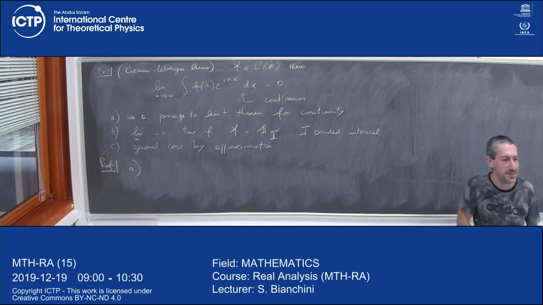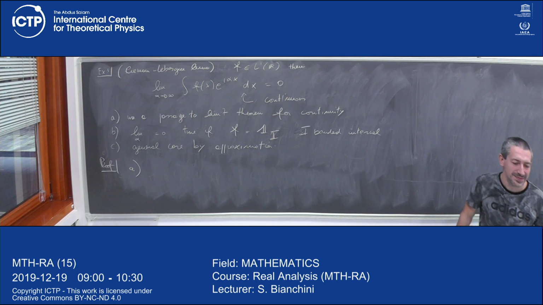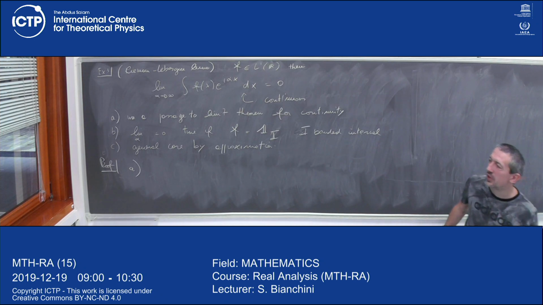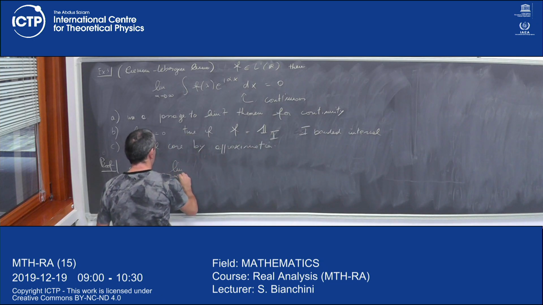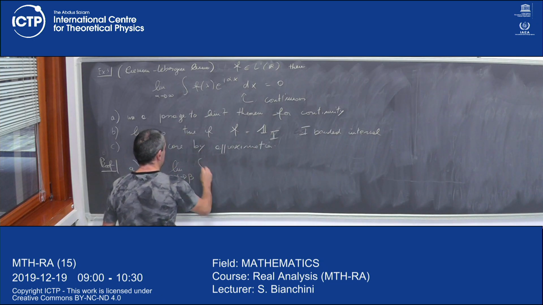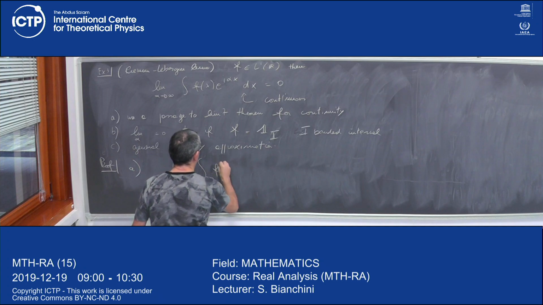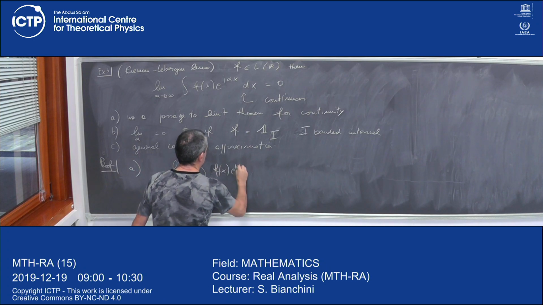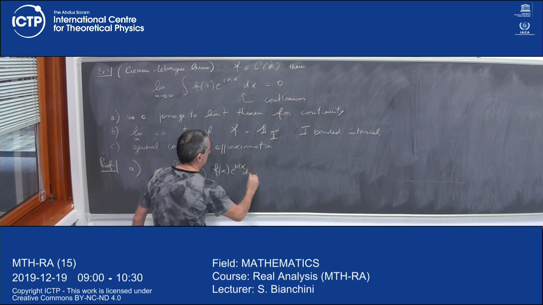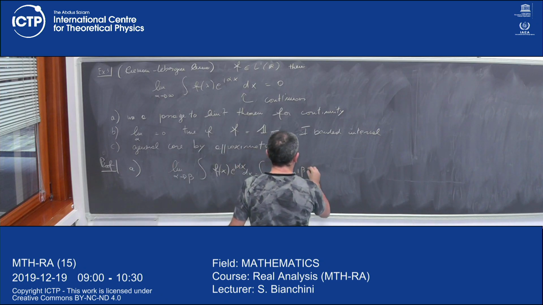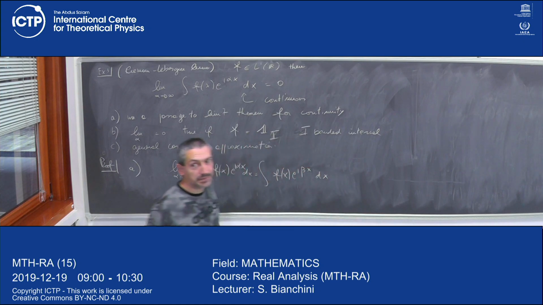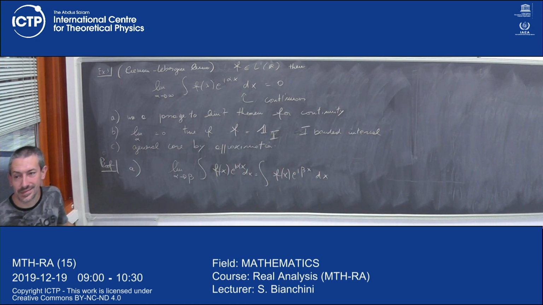So I want to prove that the limit for alpha which tends to beta of the integral of f of x e to the i alpha x is the same, that's for the continuity of the function with respect to alpha.